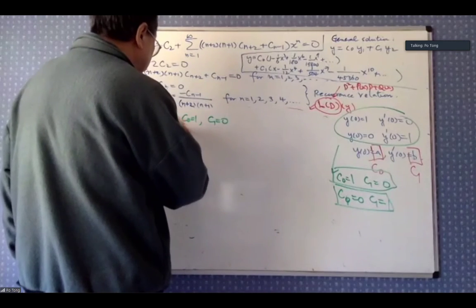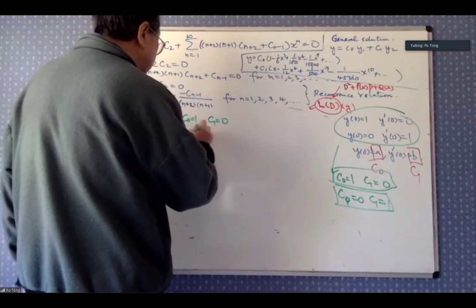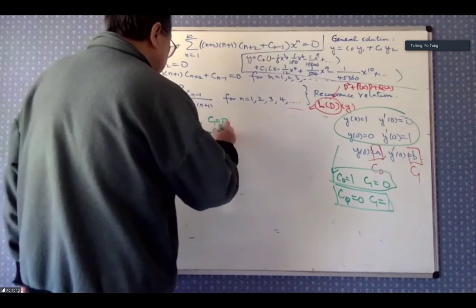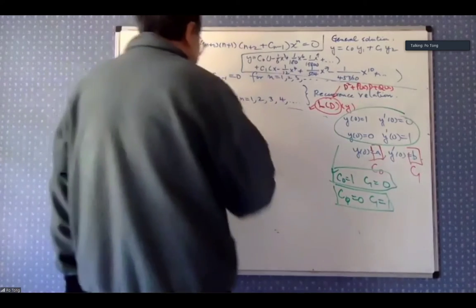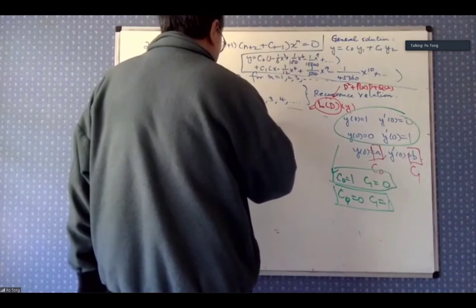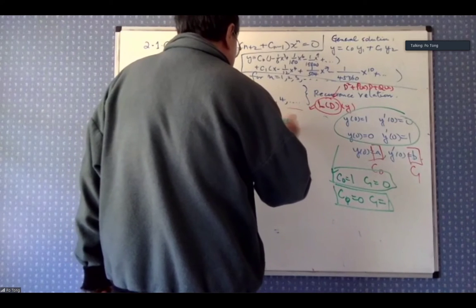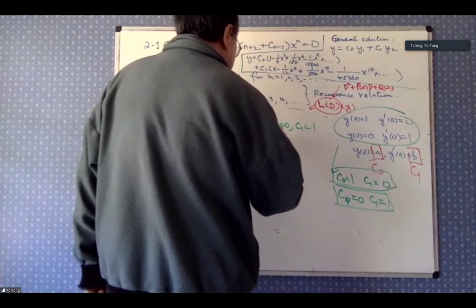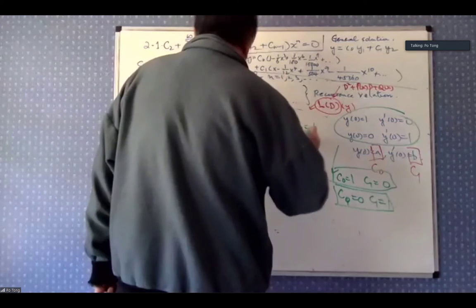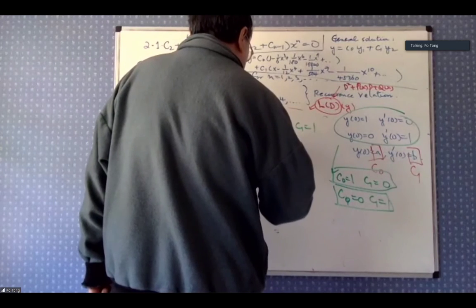And then we can use recurrence relation to get y1, and then we assume the other way, C0 equal to 0 and C1 equal to 1, and we use the recurrence relation, and you get y2.